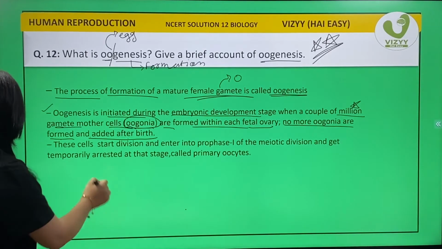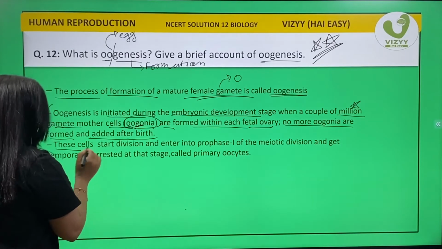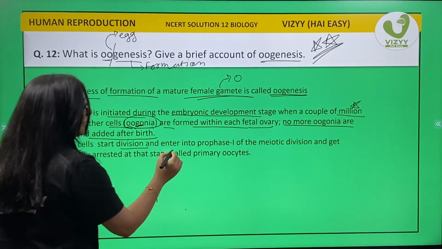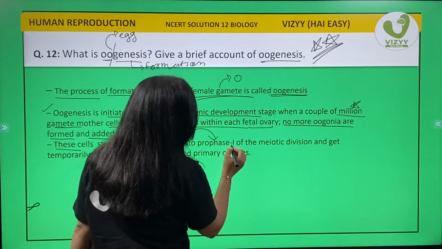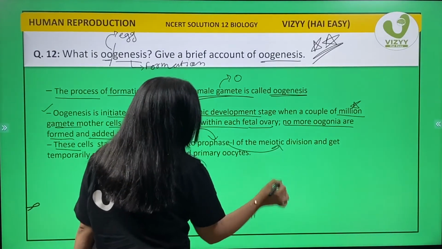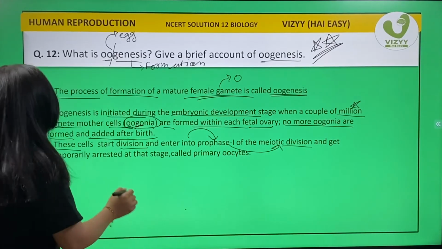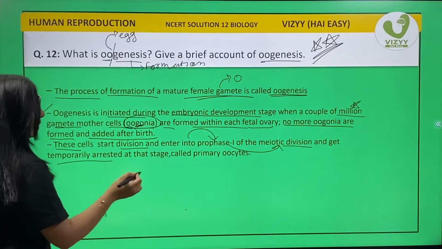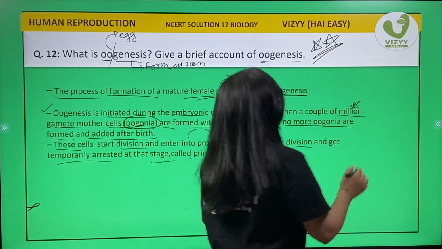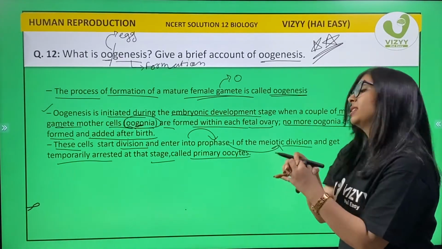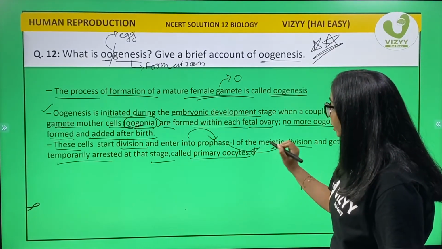Now these oogonia start division and enter prophase 1. Prophase 1 is a meiotic division, a reduction division, and the cells get temporarily arrested at a stage called the primary oocyte.